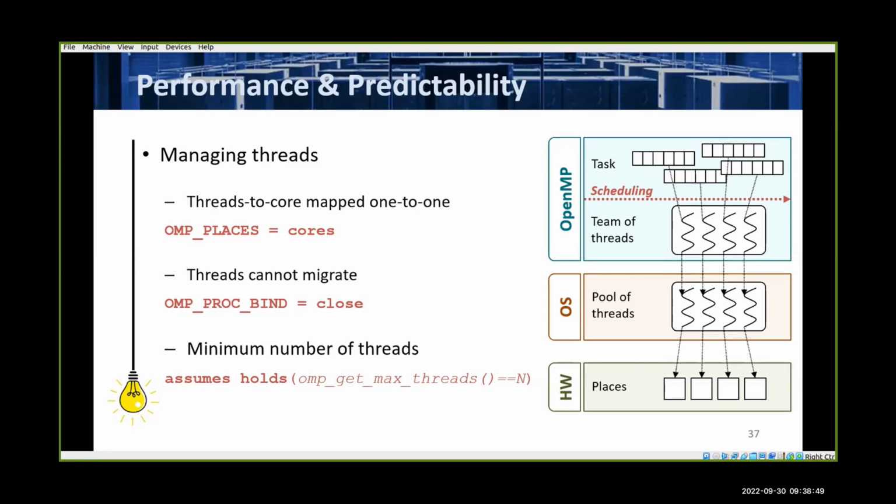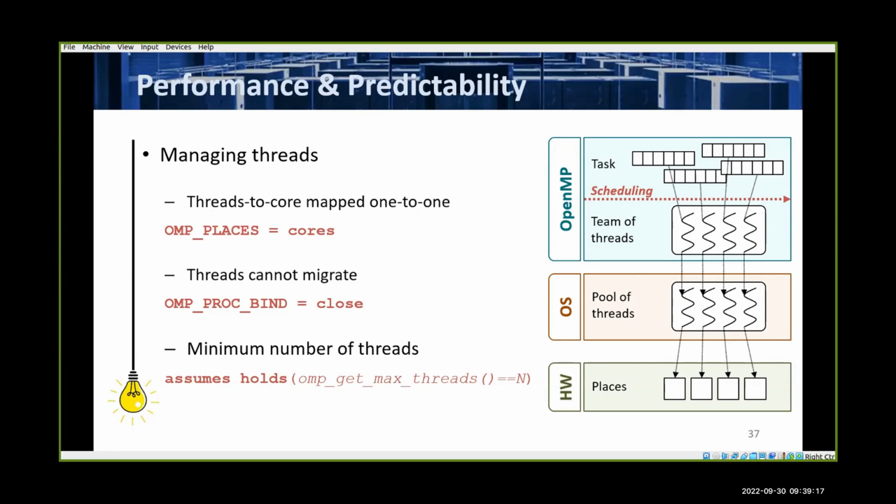So to fix threads to cores and to fix that we have a one-to-one mapping between OpenMP threads and cores, OpenMP is offering the OMP_PLACES environment variable, and also to ensure that threads do not migrate, we already have OMP_PROC_BIND. And of course, the schedulability analysis is based on a fixed system.